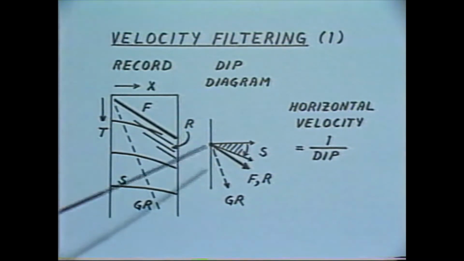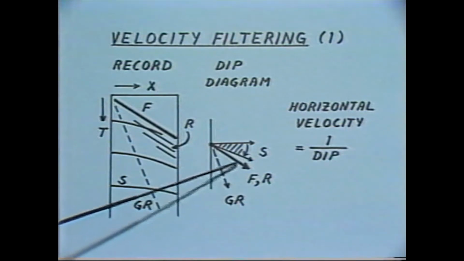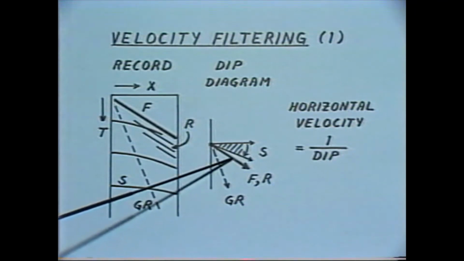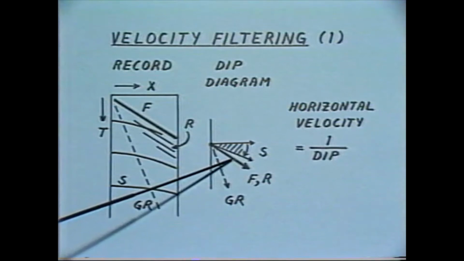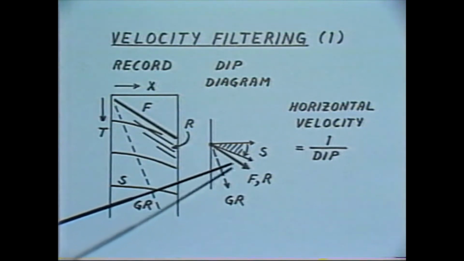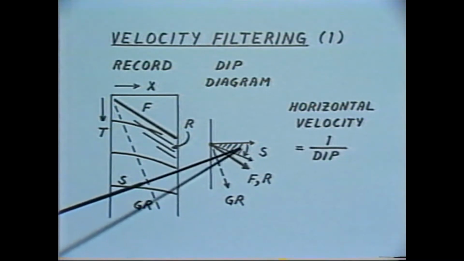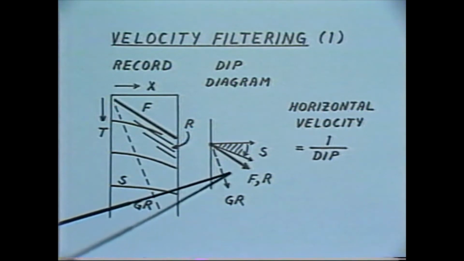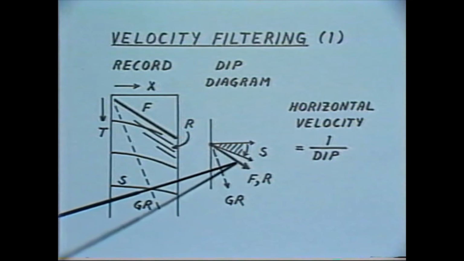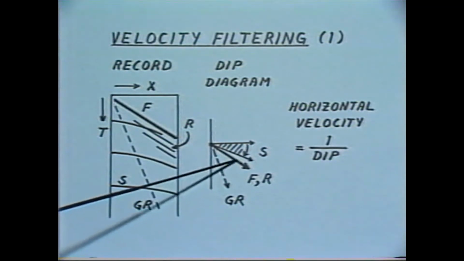Now, since the near-surface noise modes have a different dip across the seismic record than the reflection signal, it's possible to design a process which discriminates these different dips and can remove or reduce the various noise modes without affecting the reflection signal.